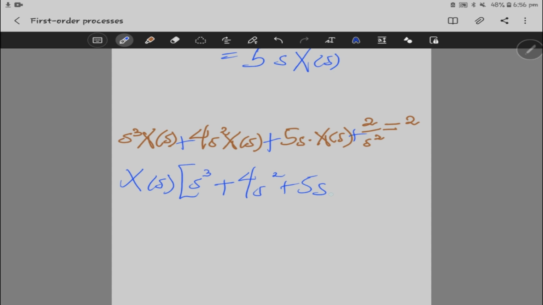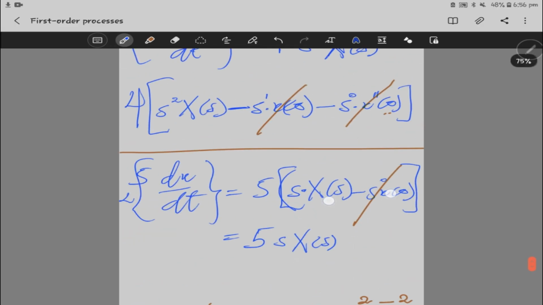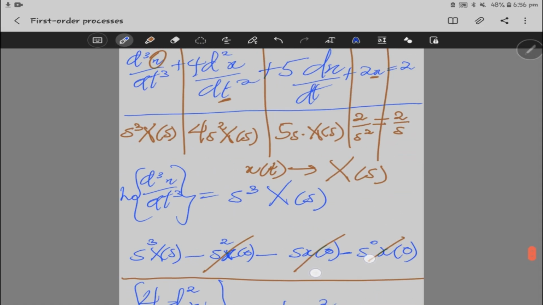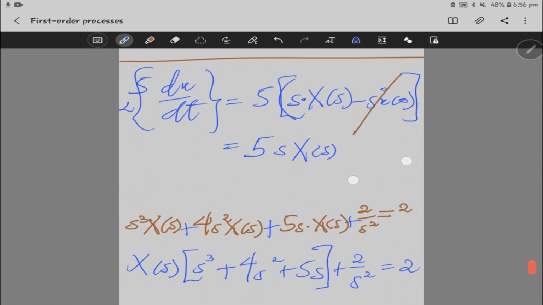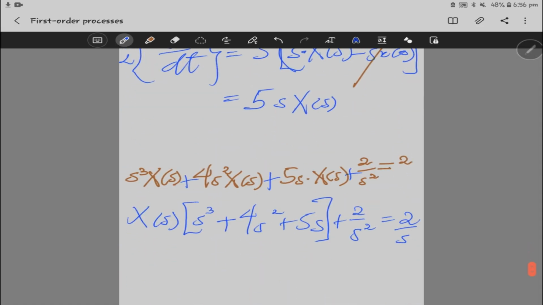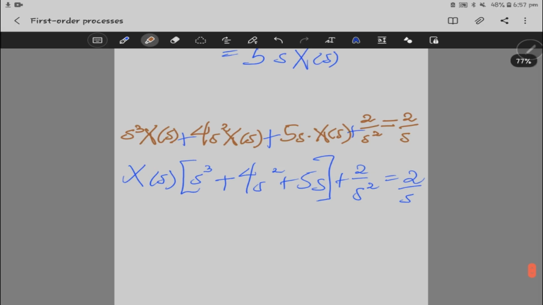Then we have plus 1, which is not part of it, it doesn't have X of s, and then we have plus 2 on s squared being equal to 2. Right, when we do the Laplace transform, it should be 2 on s. So this is 2 on s, right? Fine. So now that we have this, our aim is to make that one the subject, right?